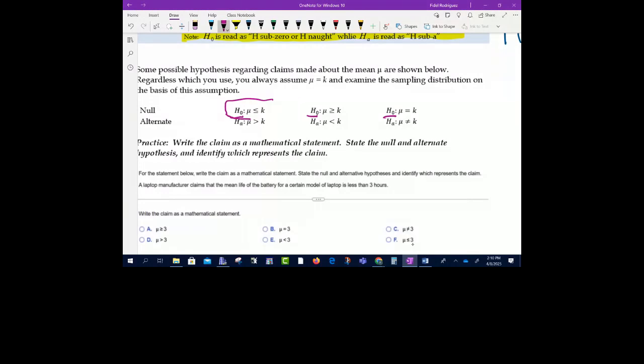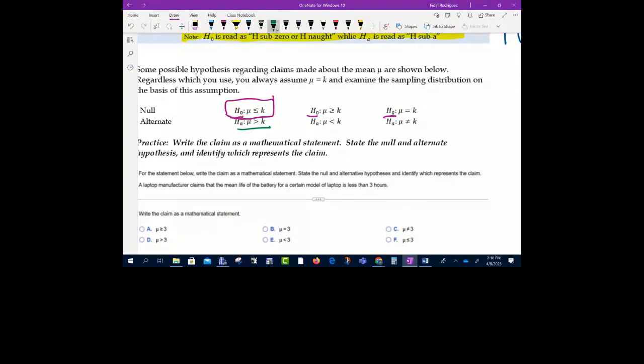Just to give you an example, let's see what this is saying. Mu is the average. Mu is less than or equal to k. Well, if something is smaller than or equal to, the opposite would be it has to be bigger than. Does that make sense?